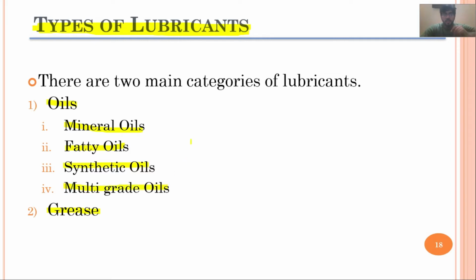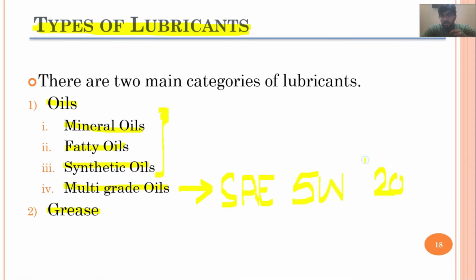And we discussed these categories in quite some detail. Before starting the multigrade oil, I gave an introduction regarding the SAE, which is the Society of Automotive Engineers, and we discussed what this 5W means and what this 20 means.